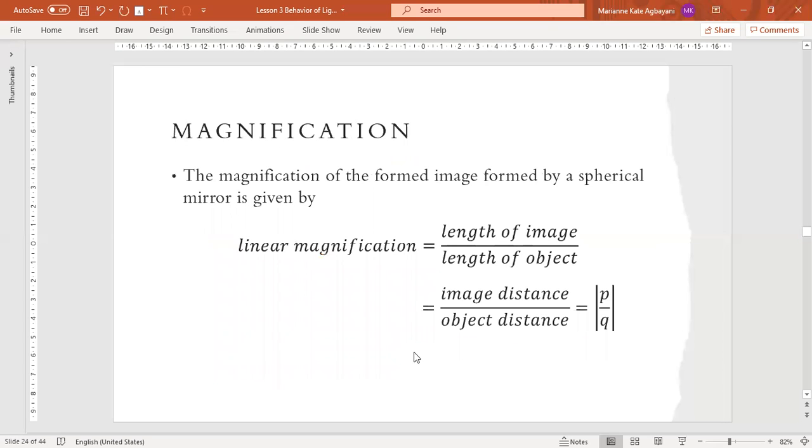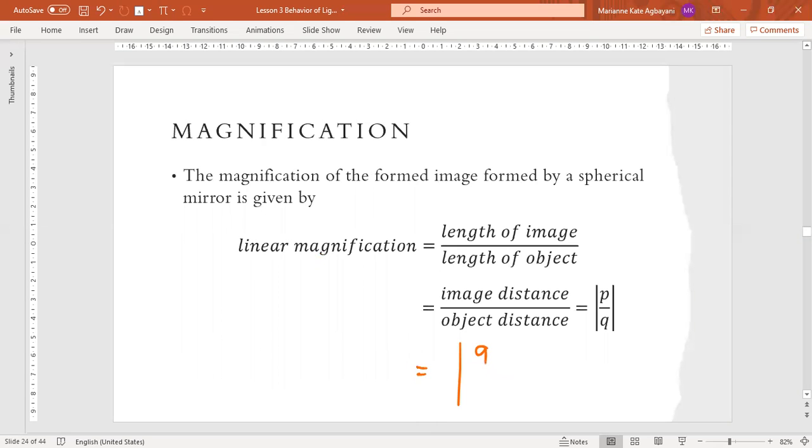Okay, so we have here our magnification. The magnification of the image formed by a spherical mirror is given by the equation: linear magnification is equal to length of image divided by length of object, or image distance divided by object distance. We have P over Q, that's absolute value of P over... wait, this is Q over P, sorry.